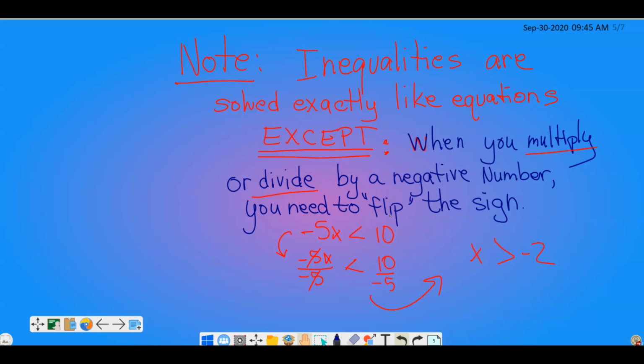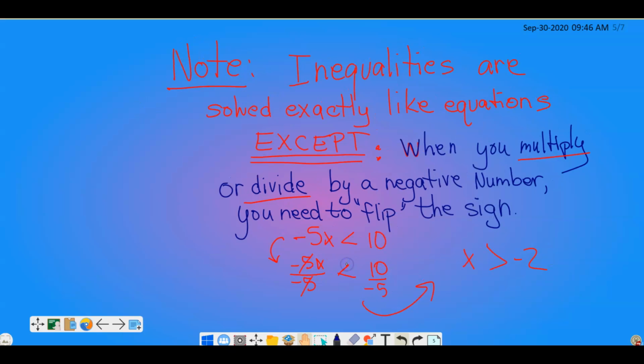So here's an example. We have negative 5x is less than 10. So in order to solve for x and isolate x, we have to divide both sides by negative 5. So you can see we have a less than sign right here. And if you go over to here, you've got x is greater than negative 2.